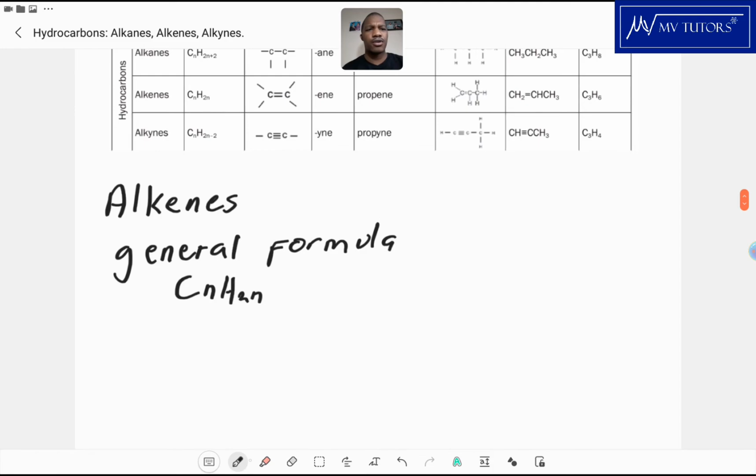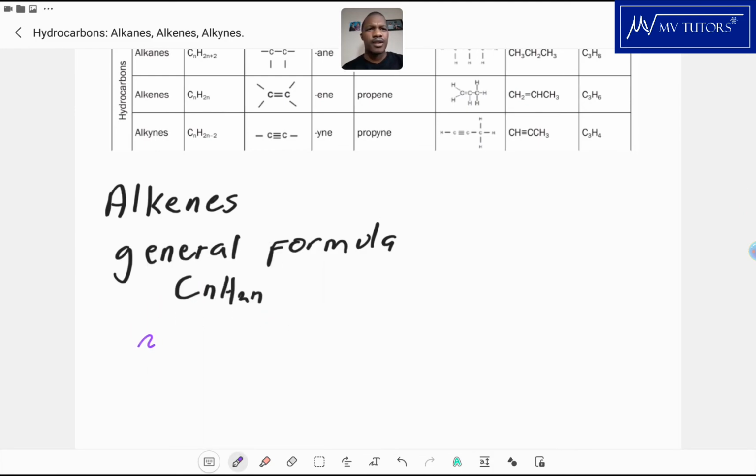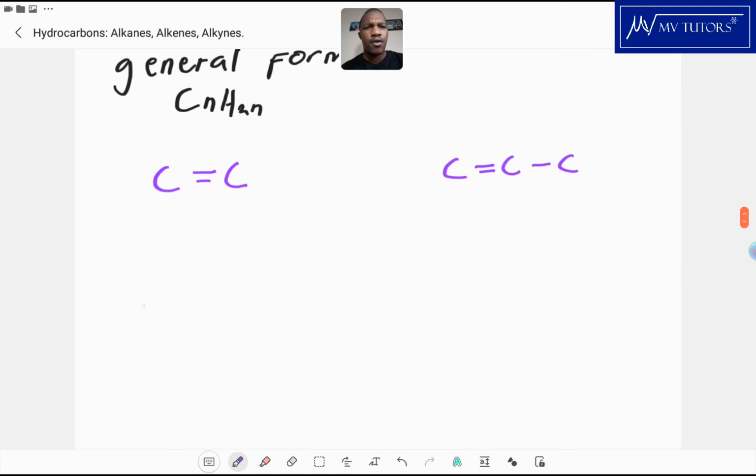The functional group is the double bond. Let's see if there's 3 of them, that's how you write it. And if it says 4 of them, 1, 2, 3, 4.